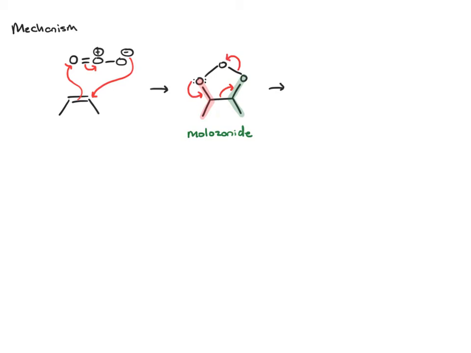So if we track what's going on here, we end up with an O minus, an O plus. This is our red portion, and our green portion, and I'm actually going to draw it upside down, and you'll see why in a second.